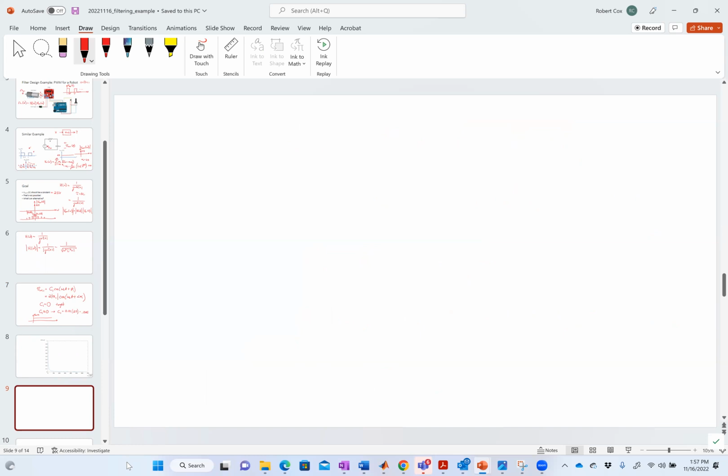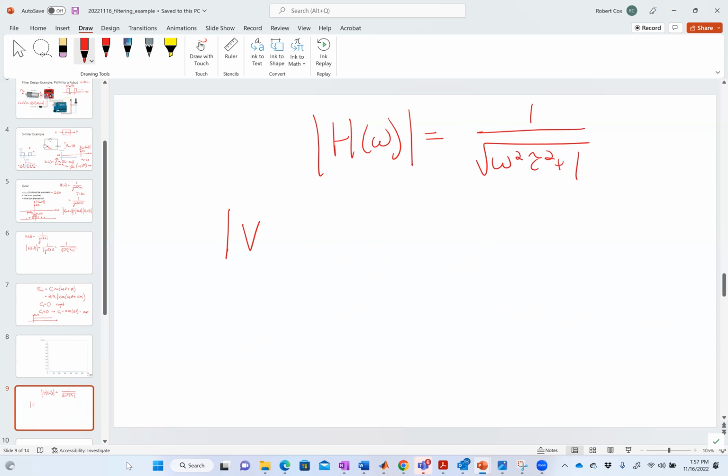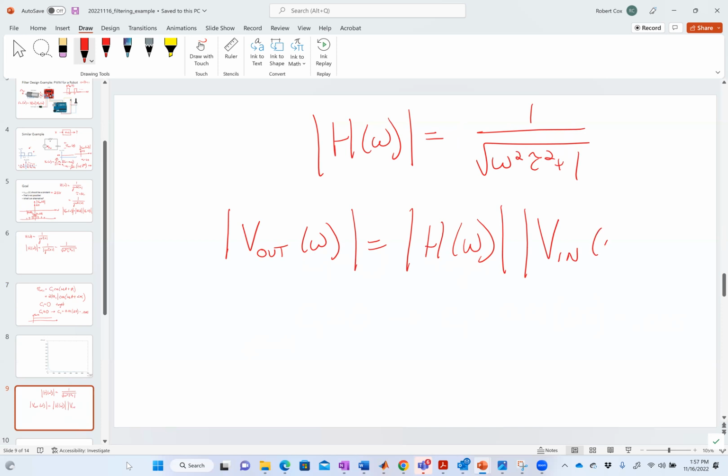Well, what I can say is the magnitude of H of omega is 1 over the square root of omega squared tau squared plus 1, right? And I know that the magnitude of V out of omega is equal to the magnitude of H of omega times the magnitude of V in of omega.